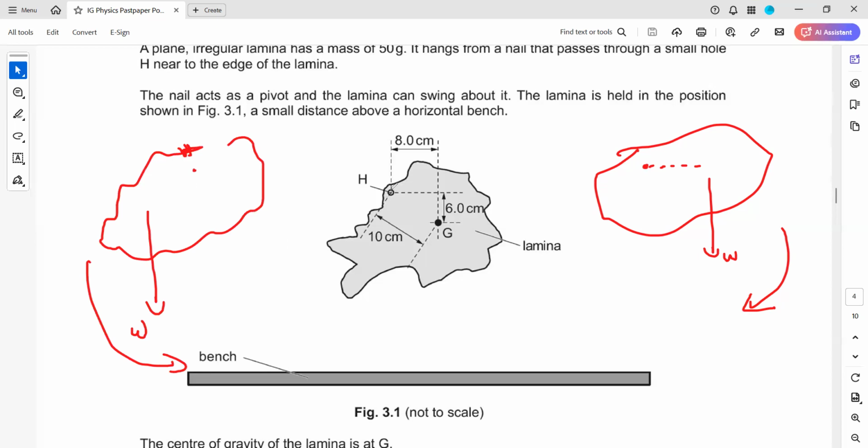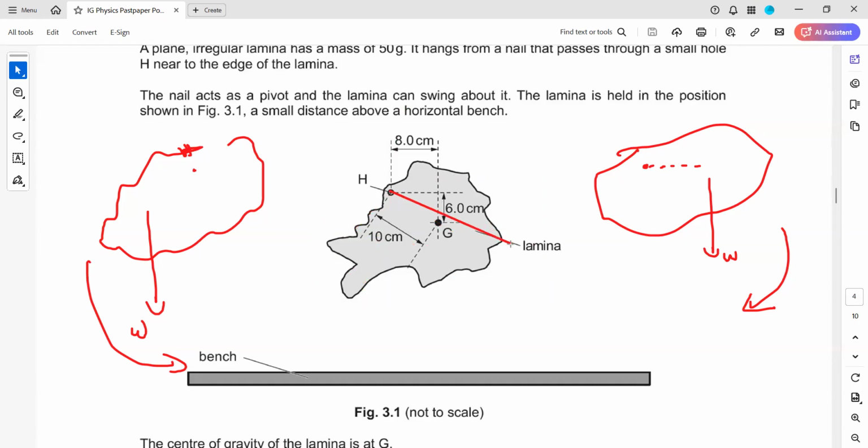So let's say the object looks like this, and this was point H. Because of the weight, the object will rotate clockwise and anti-clockwise.